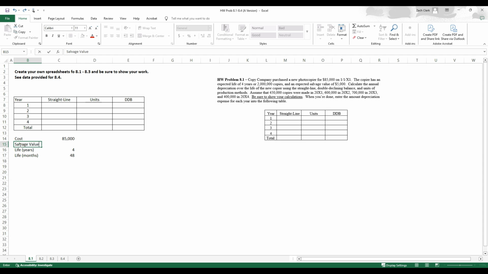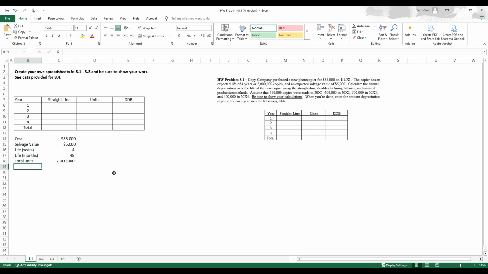Let's see if we can fit that in there. Salvage value of $5,000. These in as dollars. So now we've got cost, salvage value, life in months. Let's say total units, and we'll put the 2 million copies.